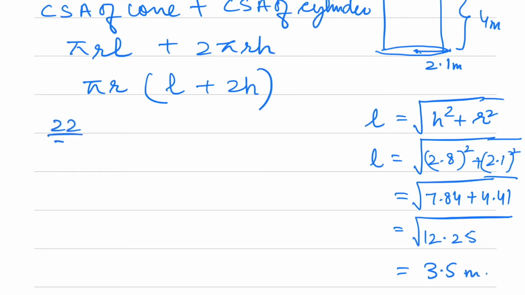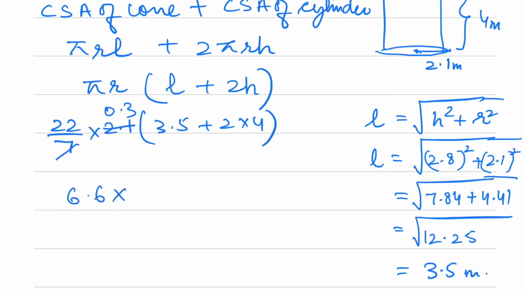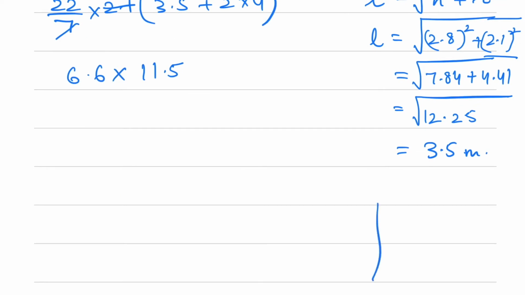Okay, now let's substitute L here. So 22 by 7, radius we have as 2.1 and L is 3.5 plus 2 into 4, height of the cylinder. So 7, 0.3, we have 6.6 into 8 and 3, 11.5. Let's do some rough work here.